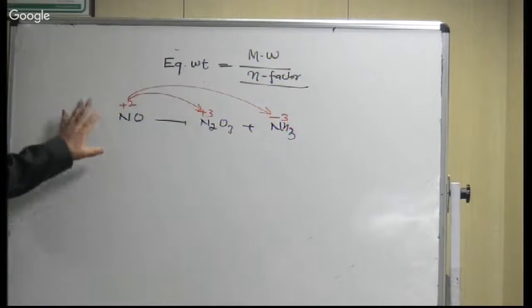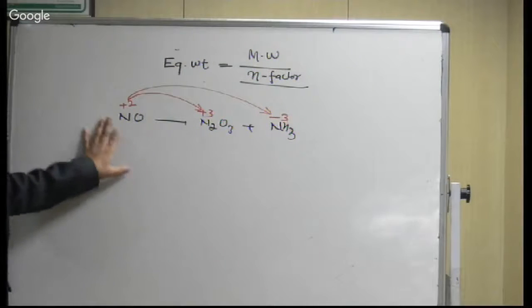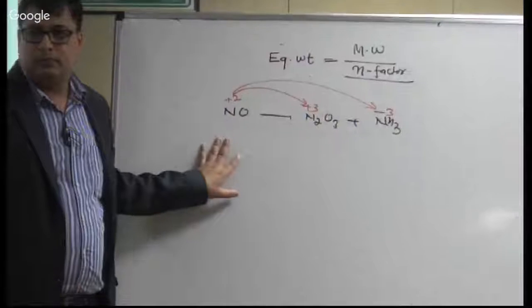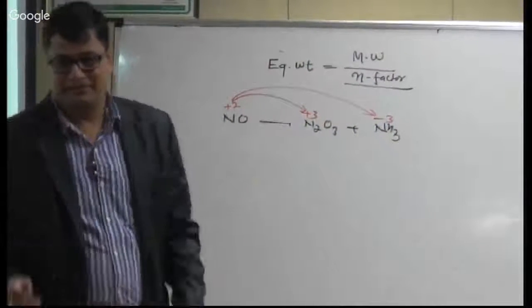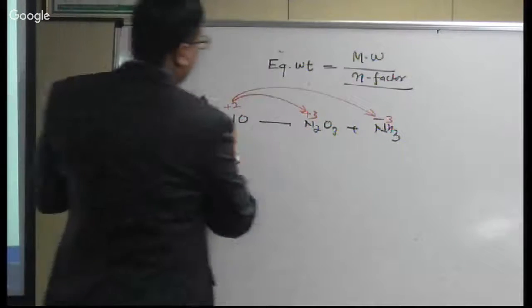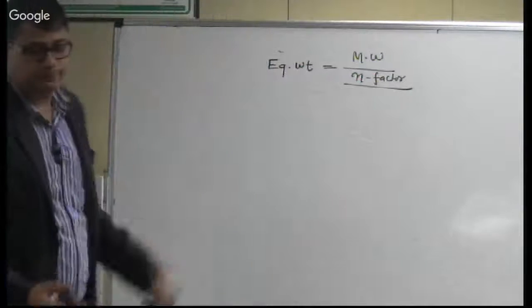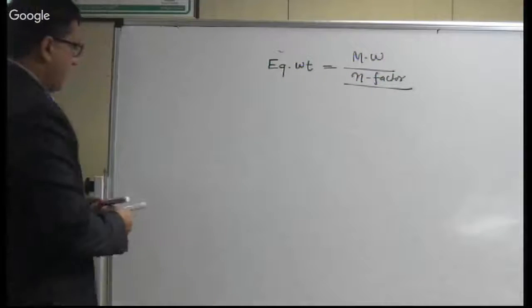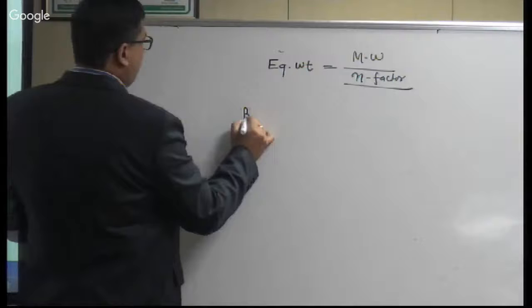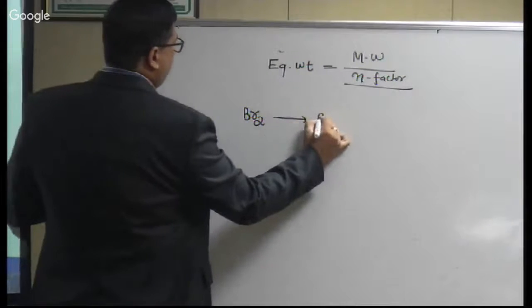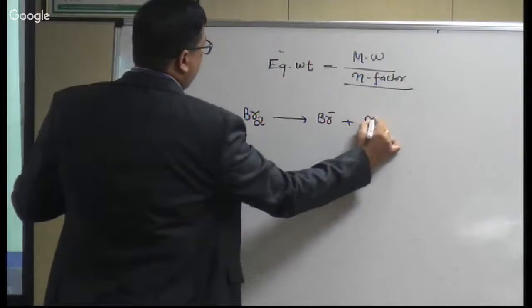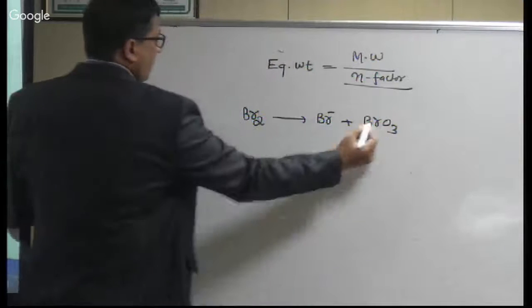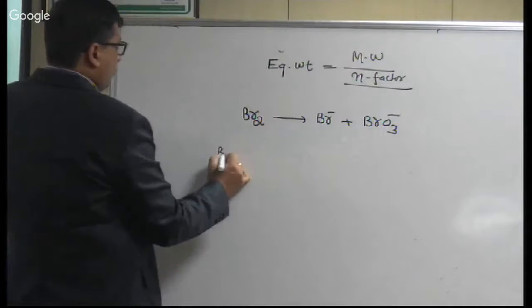Do you have to calculate the disproportionate reaction n factor, or should I give you the example? Example. See, disproportionate reaction. Let's say bromine, Br2 gives Br minus and BrO3 minus.